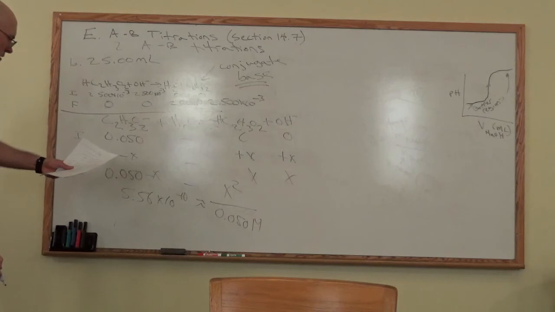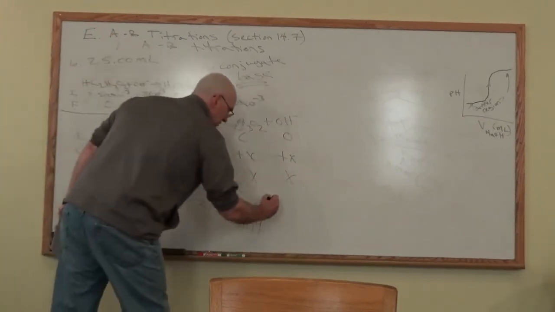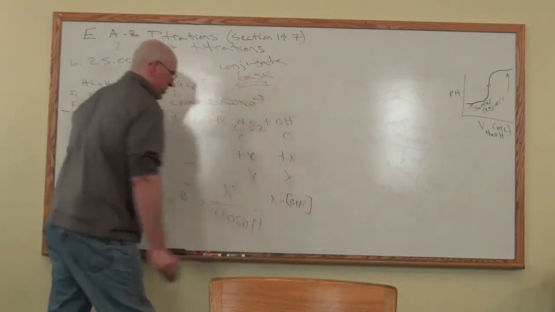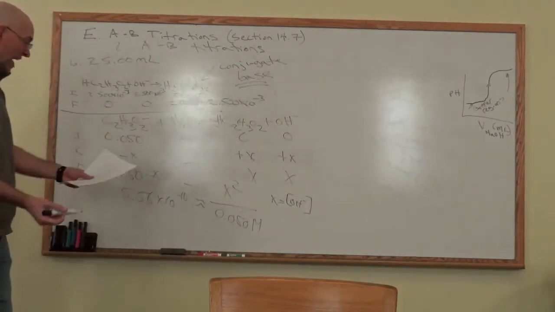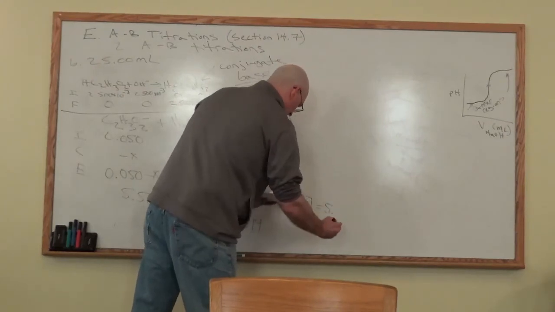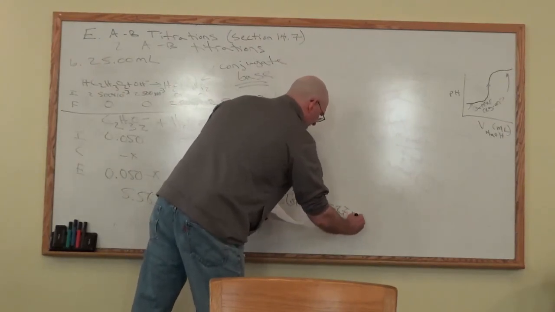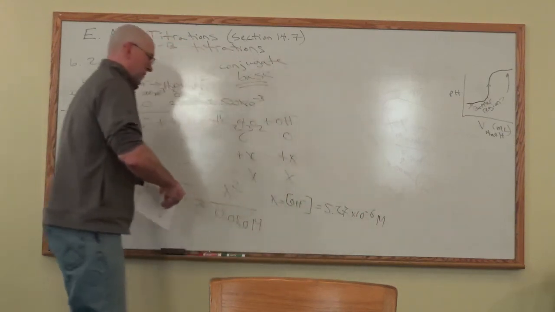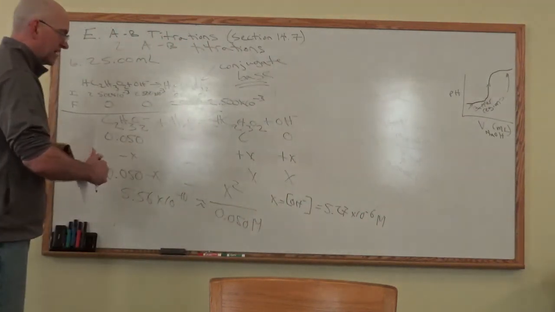Okay. And I come up with an x, which in this case equals the hydroxide, we want that, of 5.27 times 10 to the minus 6 molarity.